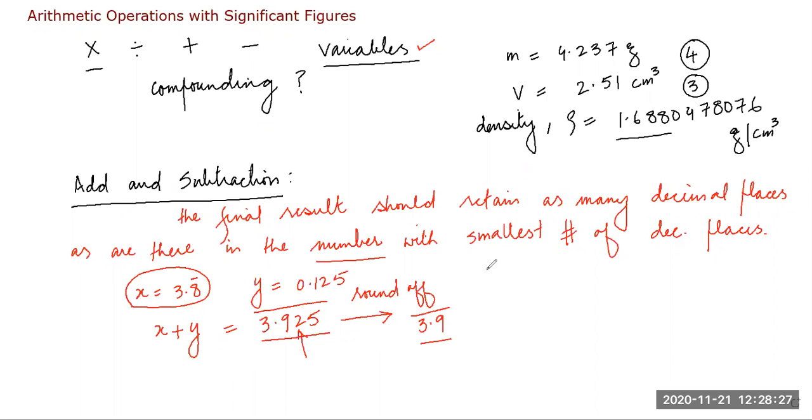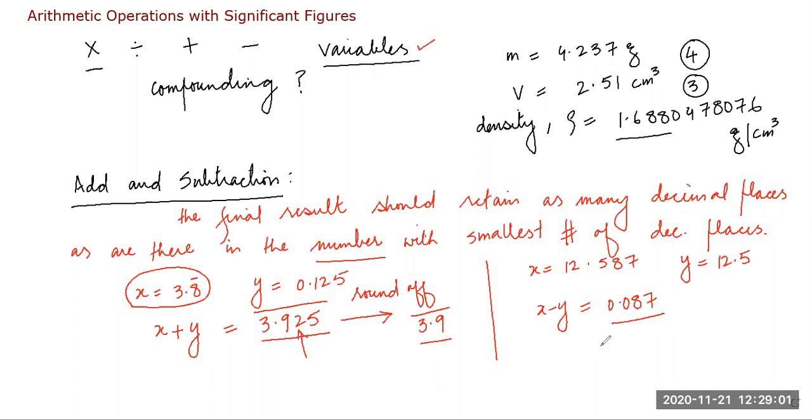Now we can take another example. Let's say x is equal to 12.587 and y is equal to 12.5. Now let us see what will be x minus y. When we subtract 12.5 from this, we will get 0.087.